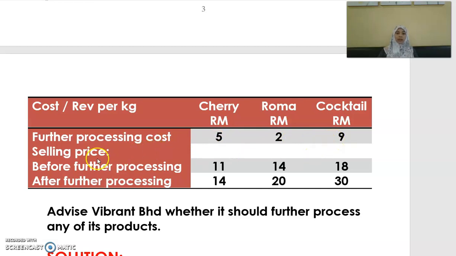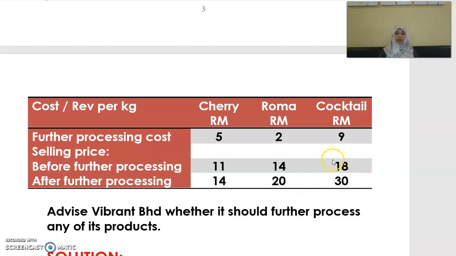What about the selling price? If you do not further process, the selling price for cherry will be 11. If you further process, after the processing cost, you will get 14 ringgit. What about Roma? Before further processing, you will get 14. After processing, the selling price will be 20.